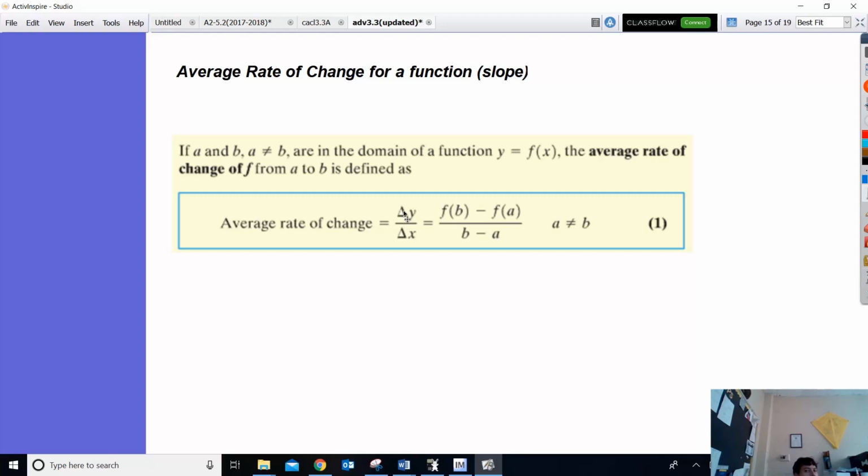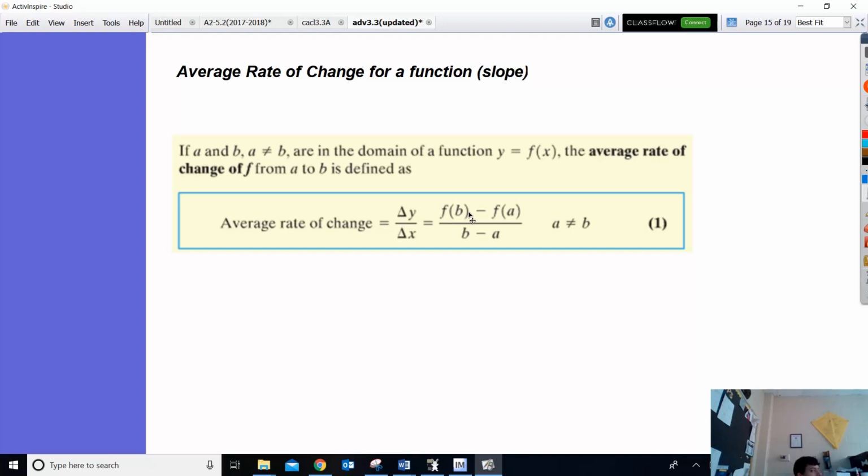Now, as you move up, they start using funkier formulas for slope. Let's talk about here. We have the average rate of change from a to b. Well, that's saying from x1 to x2. That's all that's saying, from x1 to x2, is f of b minus f of a over b minus a. Now, b and a are x values. If you plug x values into a function, what's it return?